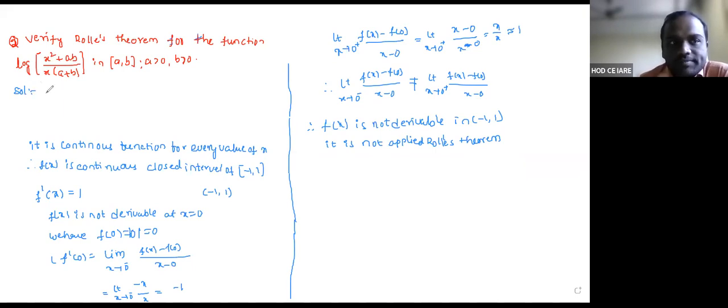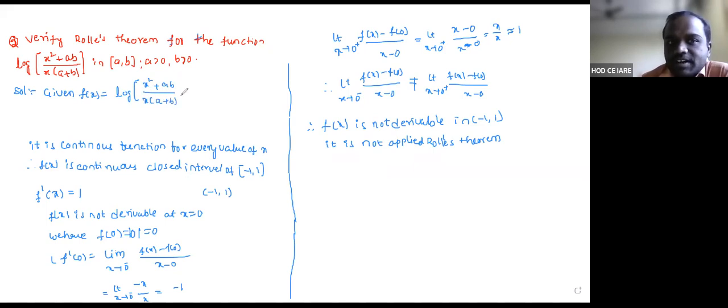Here we are given f of x is equal to logarithm of x square plus ab by x of a plus b.